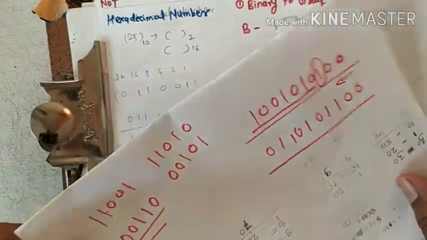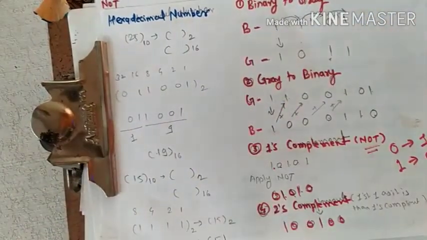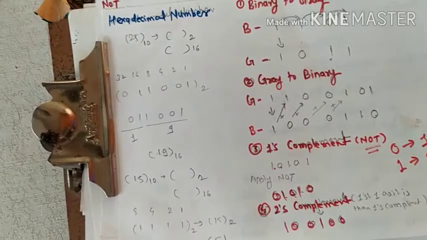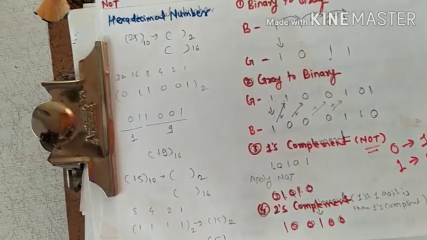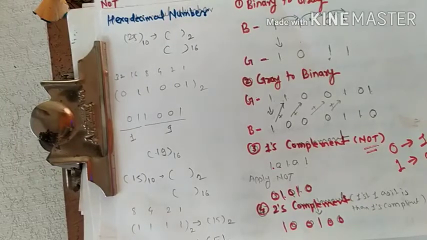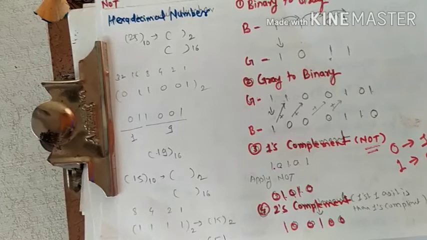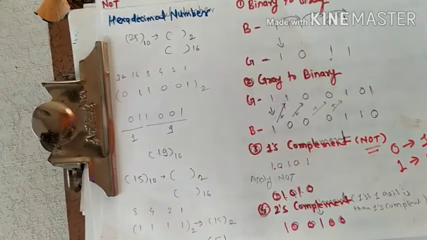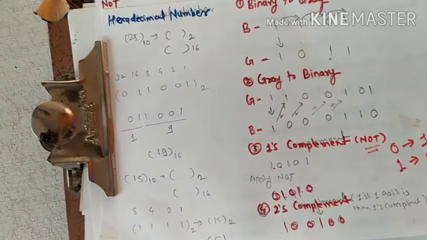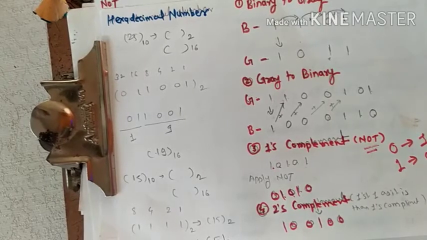In this way, you have to convert your binary code into 1's complement or 2's complement. From an exam point of view, you may have a question for 2 marks: convert binary code into gray or gray code into binary, or convert your binary code into 1's complement or 2's complement.